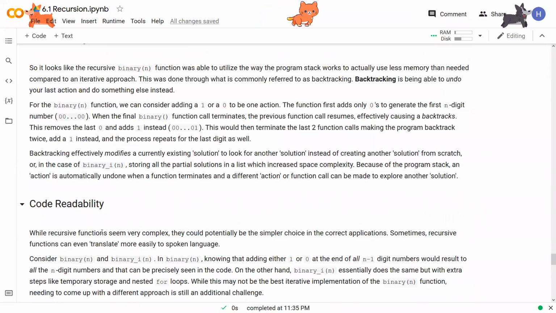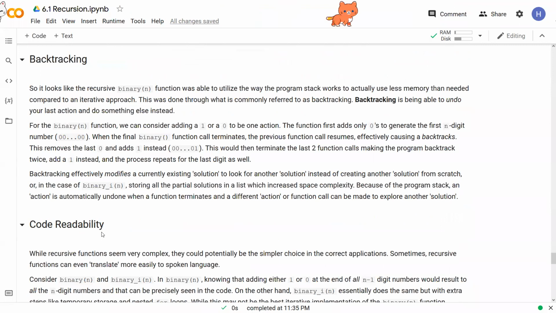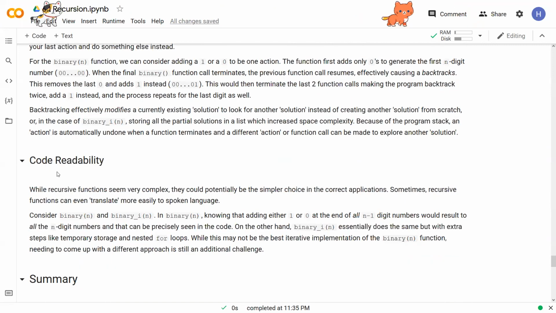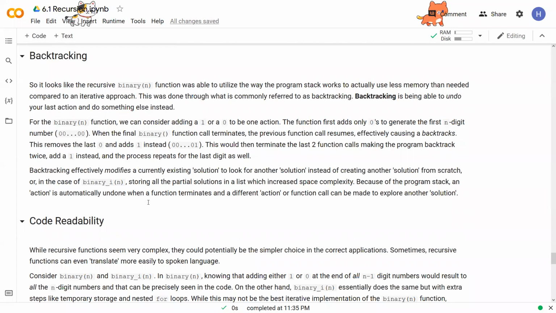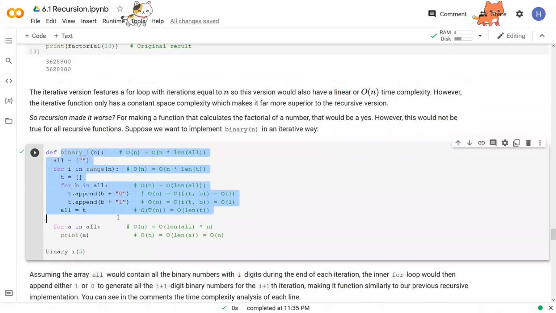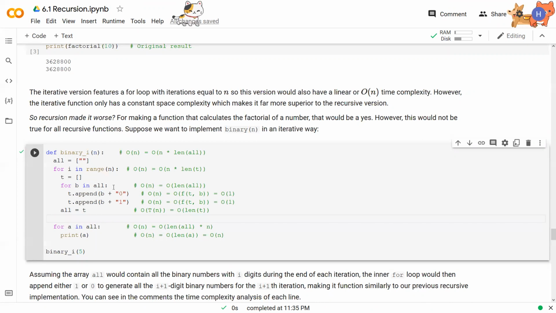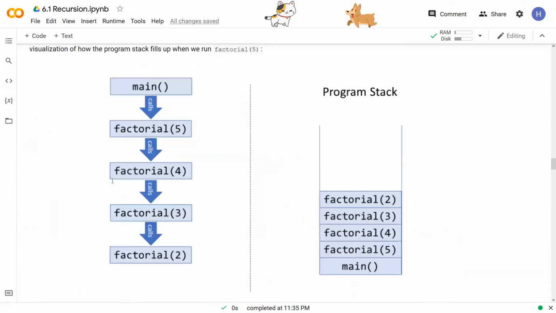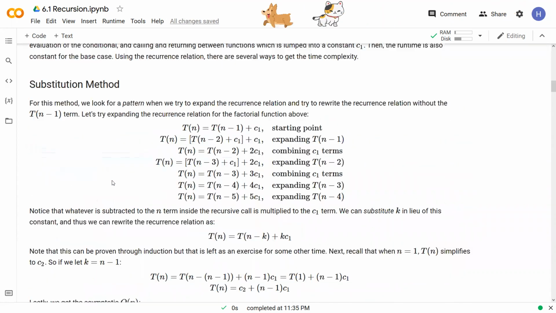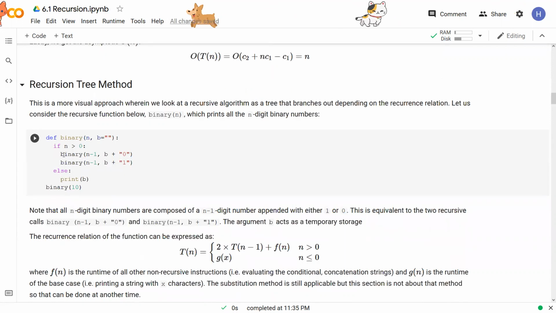So in cases na actually yun nga dito sa binary na function natin, we can say na mas readable actually yung code. So kung titignan nyo tong function na iterative, medyo madaming lines, may dalawang for loop, and hindi ganun ka straightforward yung gusto niyang gawin. But looking at yung ating recursive version, kung alam mo naman na ang ibig sabihin ng binary na function, it gets yung n digit na binary numbers, alam mo na pag nag-n-1 ka, these are all the n-1 digit na binary numbers.